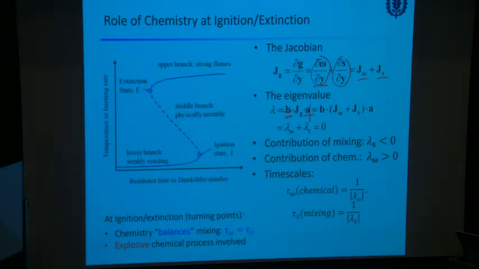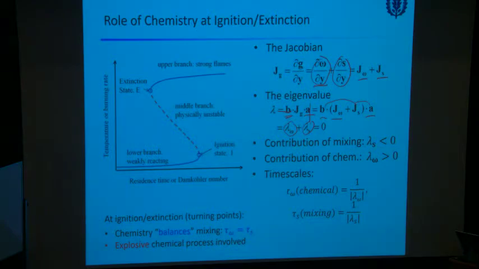But when you do the projection, B dot G dot A gives you the eigenvalue, right? You can decompose the eigenvalue into two terms. One is B dot G omega dot A. The other is B dot G mixing dot A. Each gives you one scalar: the part of the eigenvalue from the chemical source term and the part of the eigenvalue from the mixing term. You get two contributions, and these two must be equal to each other.